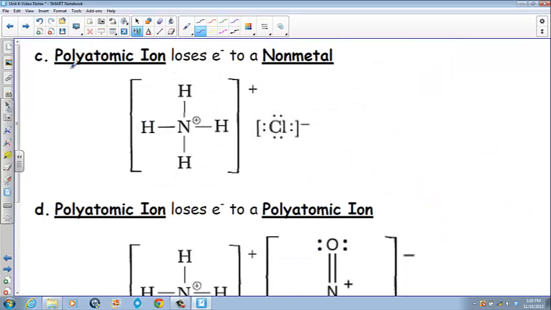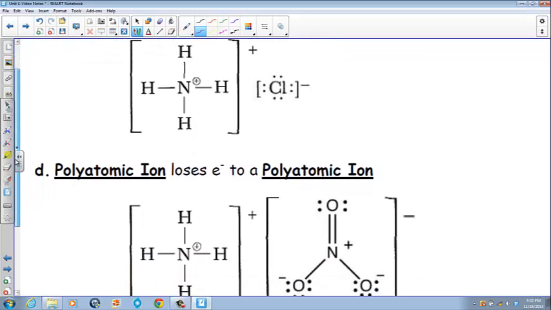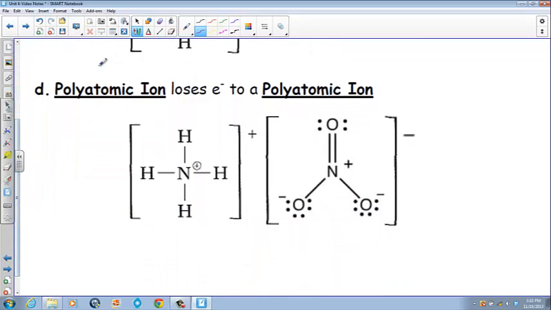All right, so here's another type of ionic bond. Polyatomic ion loses an electron to a nonmetal. That's the polyatomic ion that would have a positive charge, and then bond with a nonmetal that has a negative charge. That means this gives one up, this one gains one, and therefore the bond can occur. Fourth example would be a polyatomic ion with another polyatomic ion.